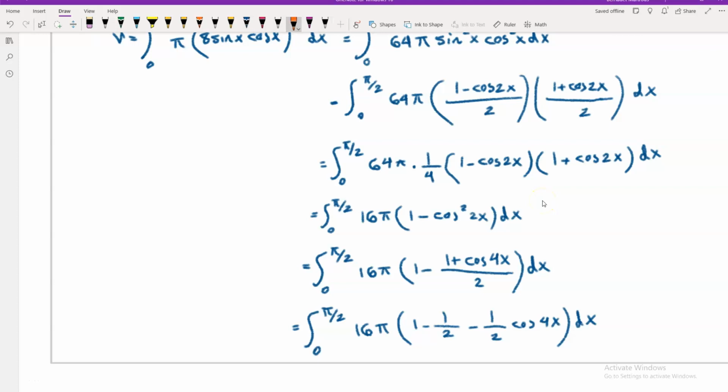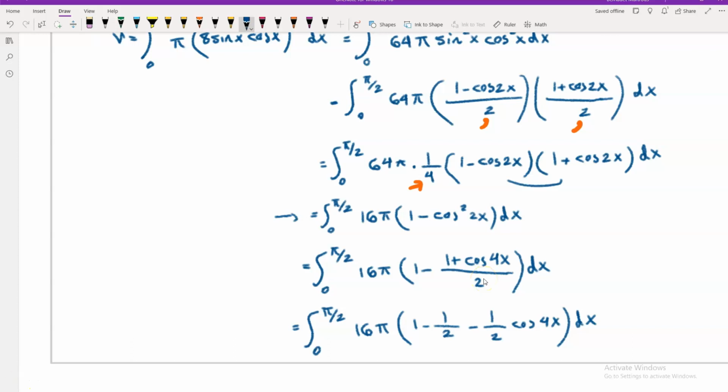In the denominator we have 2 times 2, which is 4, so the integral of 64 pi times 1/4 times (1 minus cosine 2x) times (1 plus cosine 2x) dx is equal to the integral of 16 pi, since 64 divided by 4 is 16, times (1 minus cosine squared 2x) dx.